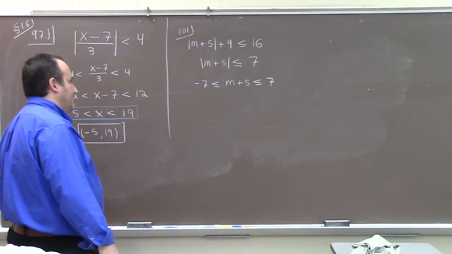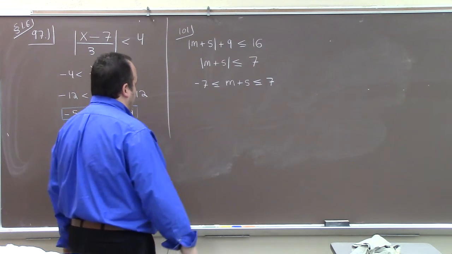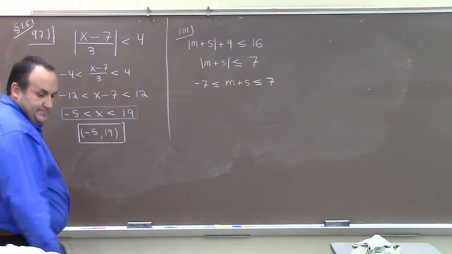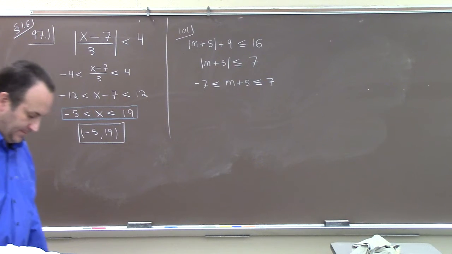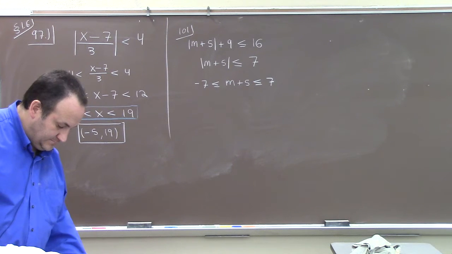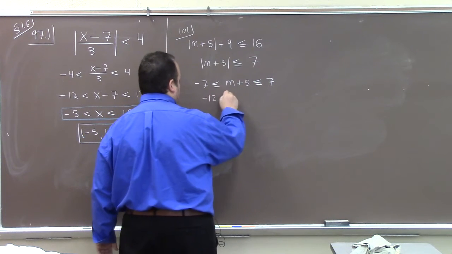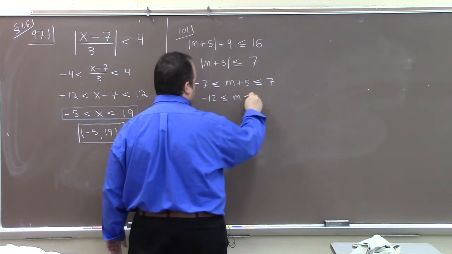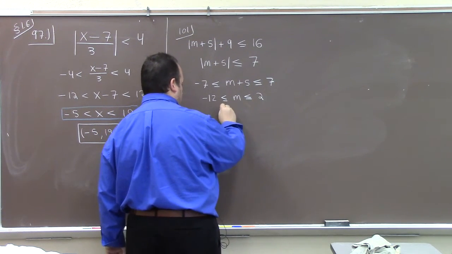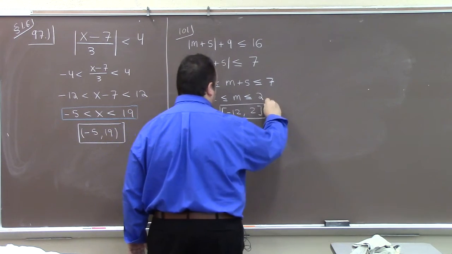What do we get? Minus 12. Very good. And so the answer would be minus 12 to 2 included, in interval notation.